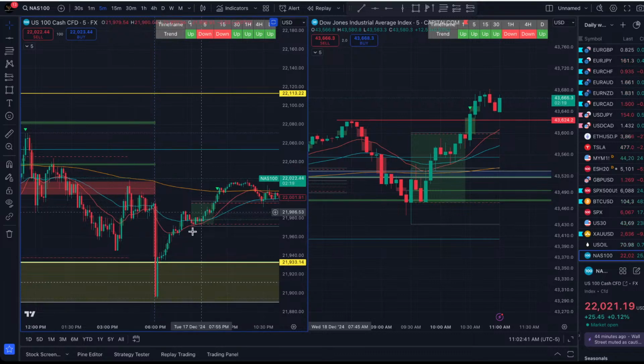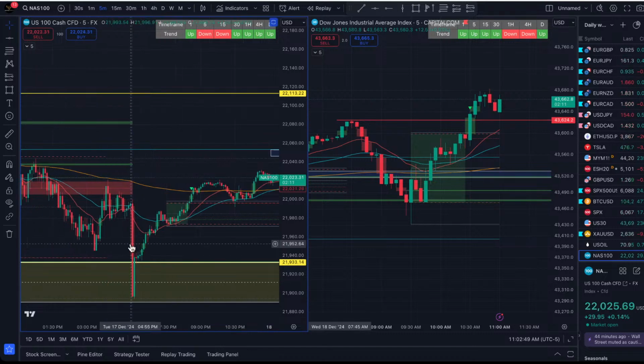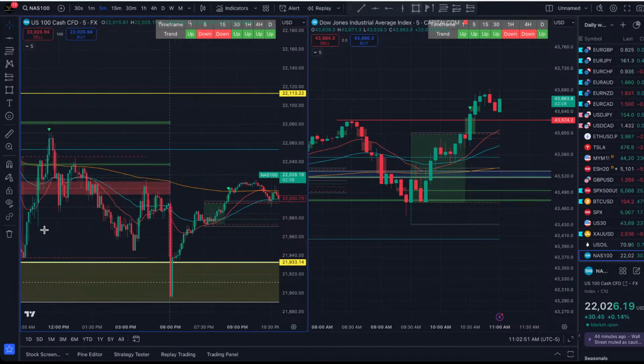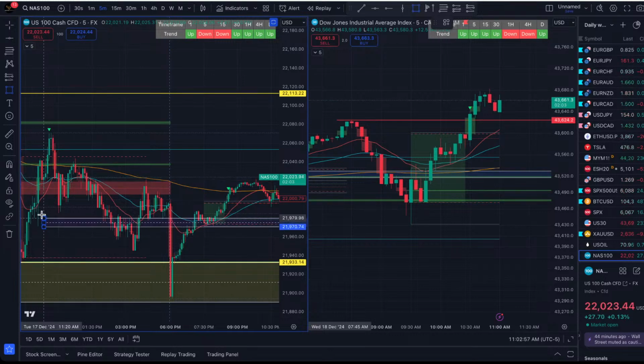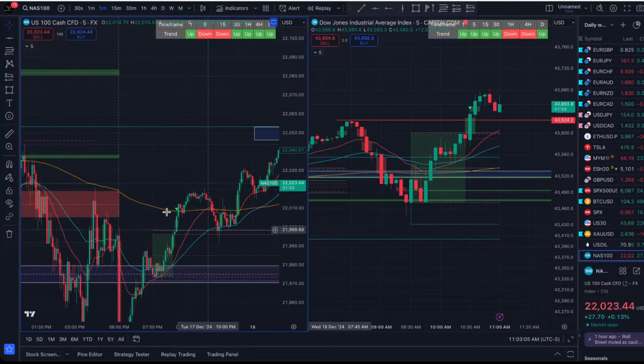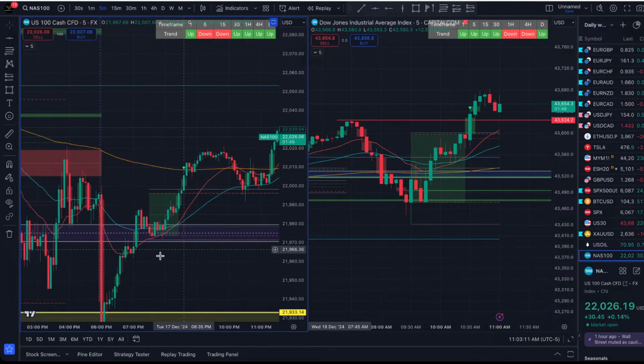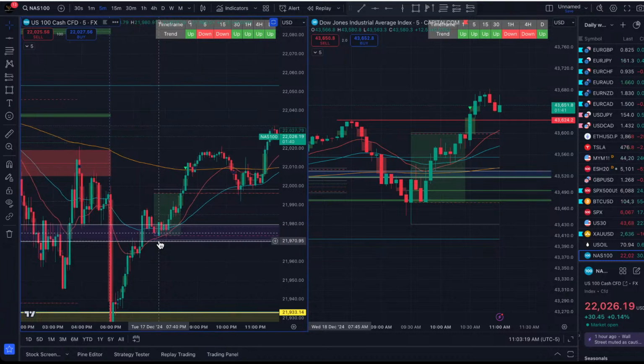Yeah, London bounced off the purple zone. I believe the purple zone is here, if I'm not mistaken. Look at that. I would have taken that trade right there off the 20 EMA, purple zone rejection. And again, this will all be in the next indicator. You'll have the purple zone that frames the Asia.